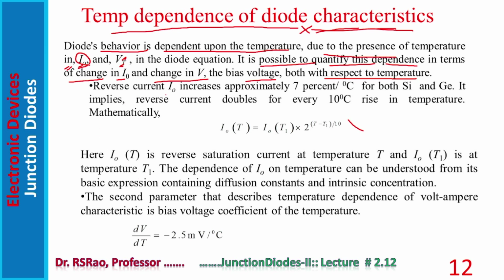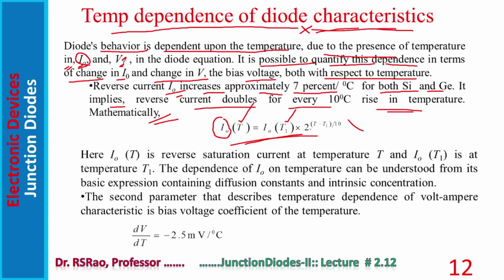First point is reverse saturation current I0 increases approximately 7% per degree centigrade for both silicon and germanium. It implies reverse saturation current doubles for every 10 degree centigrade rise in temperature. Mathematically, it can be written like this. Reverse saturation current at temperature T is equal to reverse saturation current at temperature T1 multiplied by 2 power (T minus T1) by 10.